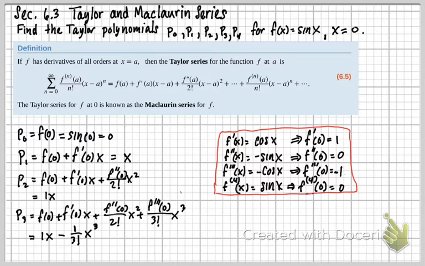So there's my P3. And my P4, since my next one is going to be 0, is just going to equal the same thing as my P3. All right, so there's P1 through P4 centered at 0.